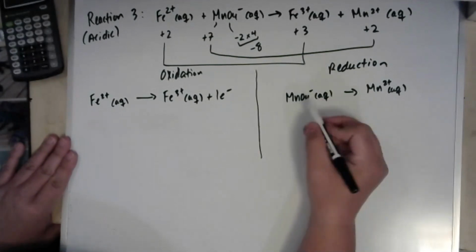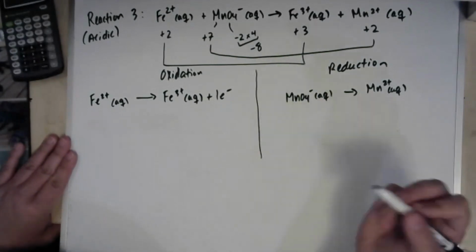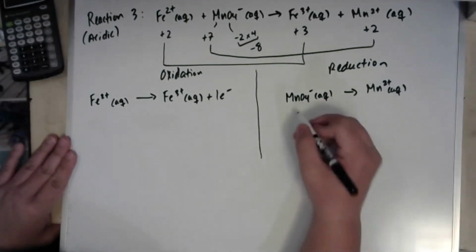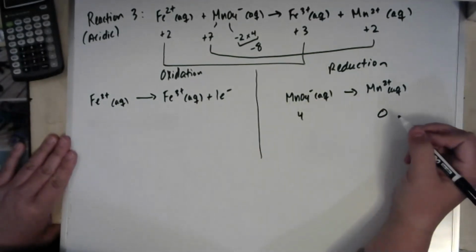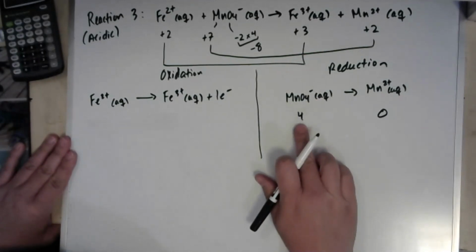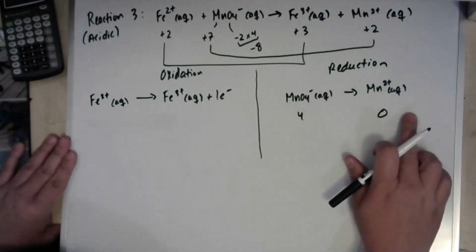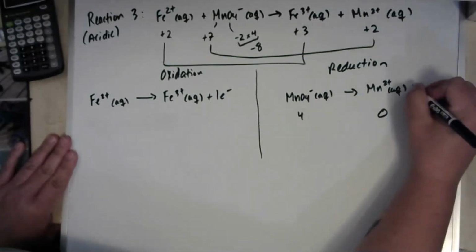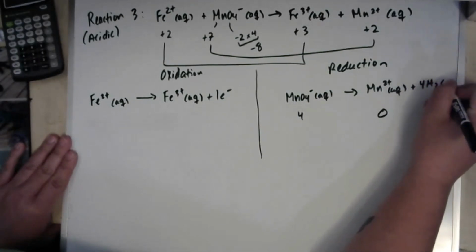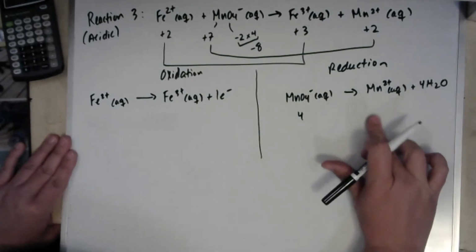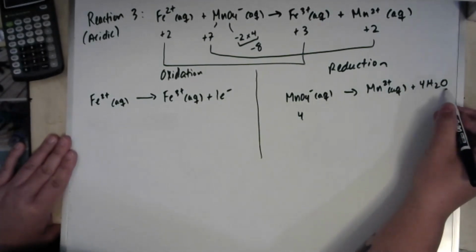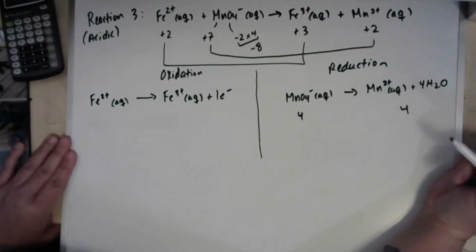To finish my reduction reaction now, I'm going to balance my oxygens first. Okay, I have 4 oxygens here. I have 0 oxygens here. So I'm going to add 4 water molecules to my product side. Okay. When I do this, now I have 4 oxygens, and my oxygens are the same.